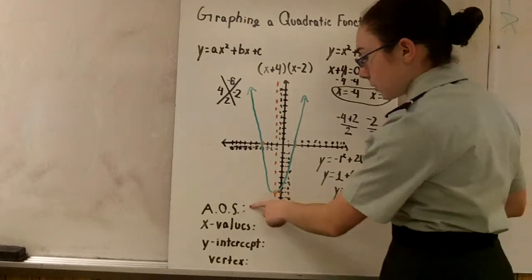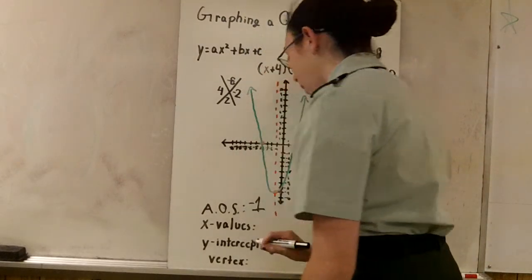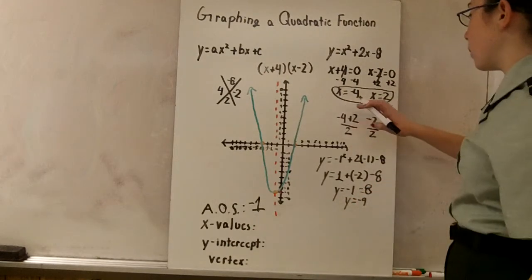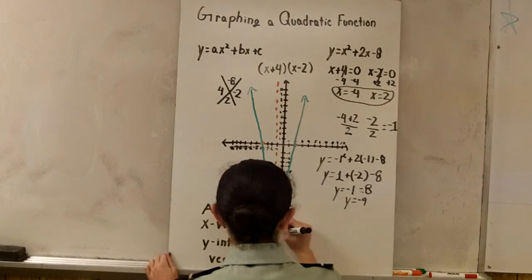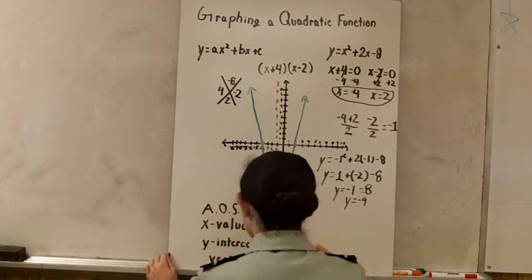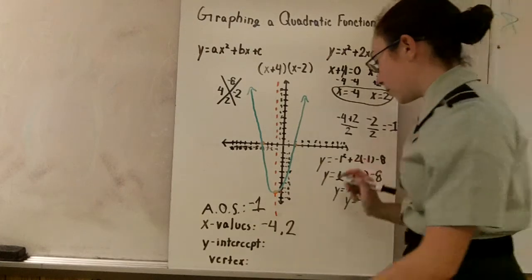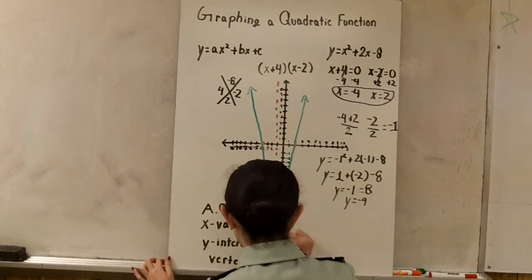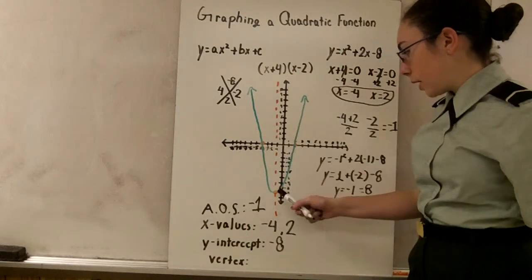So we said our axis of symmetry is negative 1. Our x values are negative 4 and positive 2. Our y-intercept is negative 8. Our vertex is negative 1, negative 9.